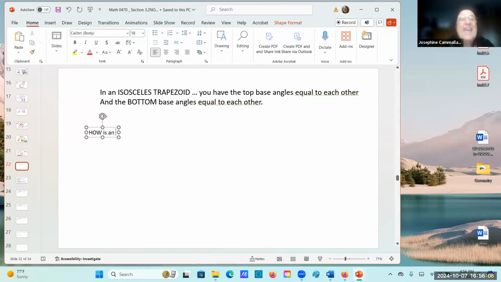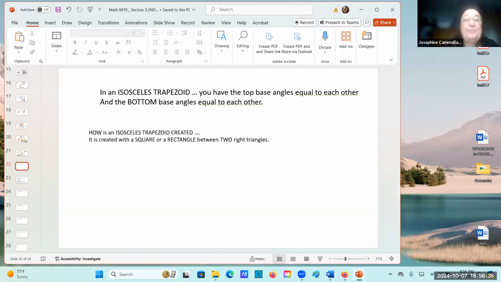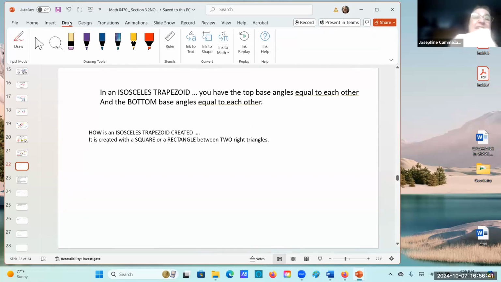How is an isosceles trapezoid created? It is created with a square or a rectangle between two right triangles.